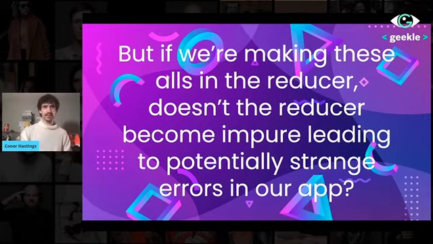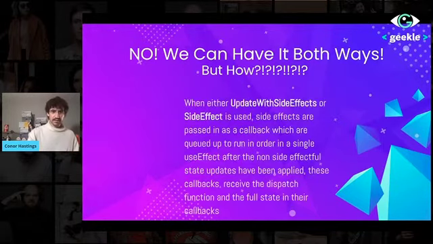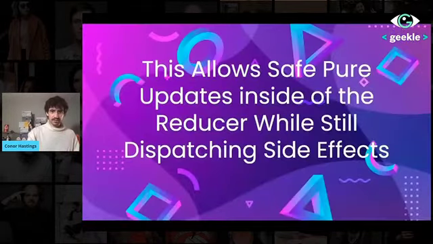That is the kind of thing you would first think of, right? But it doesn't. We can have it both ways. So borrowing from Reason React, we return the 4 functions, as I said. And so we can have these safe, pure updates while still dispatching side effects.